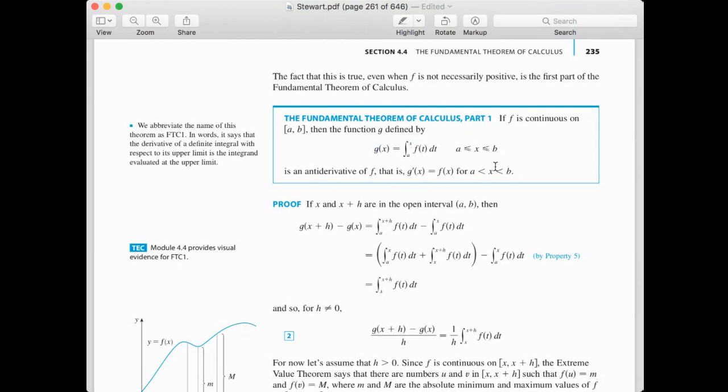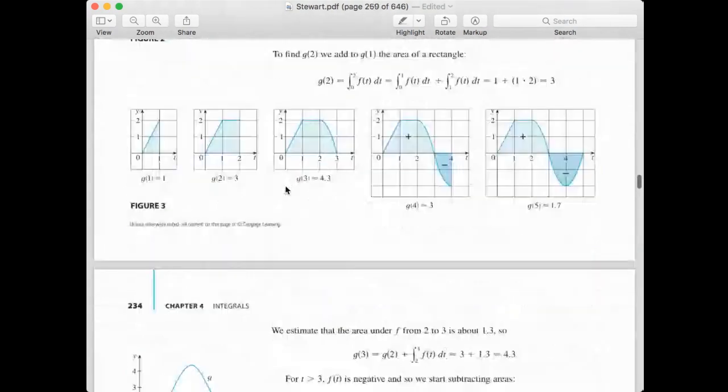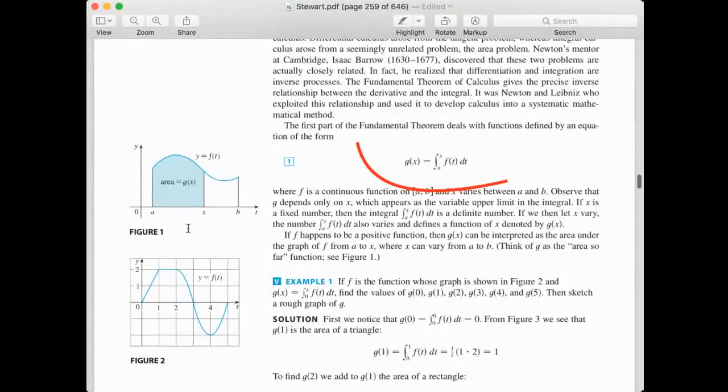This is the first part of the fundamental theorem of calculus. The picture is this. The function f is continuous on the interval a to b, x is somewhere in between a and b, and the area we can represent using g or capital letter F.